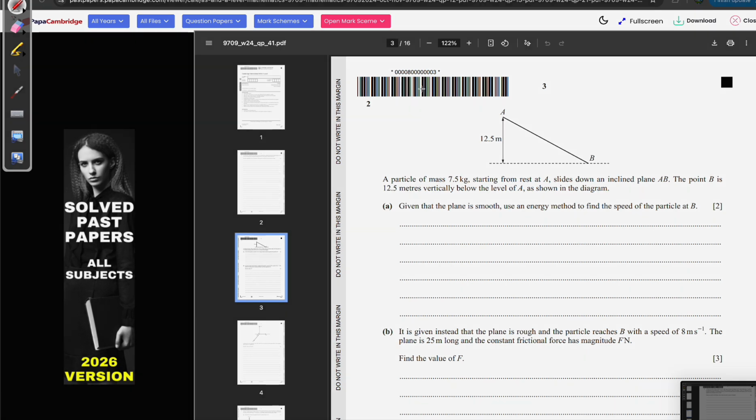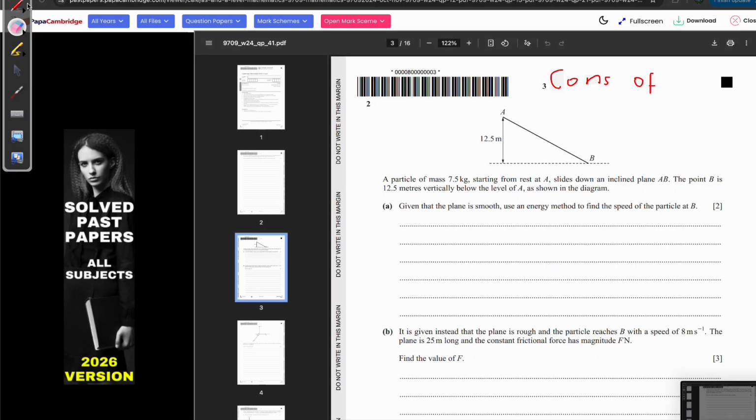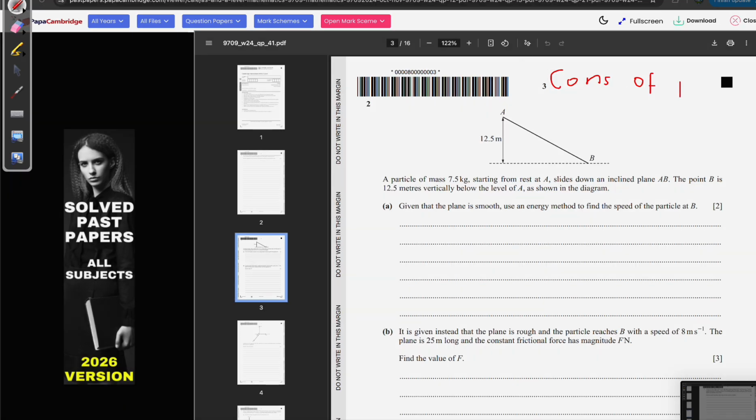What I'm going to do here is the conservation of energy, or you could do conservation of mechanical energy actually. So here at point A, let's start writing the givens.